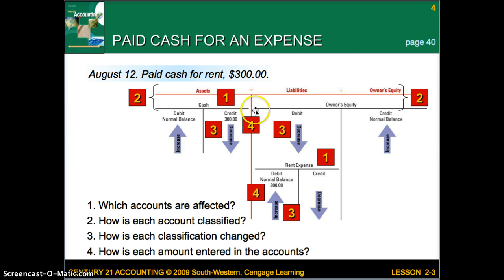So this rent expense needs to go under the debit side of owner's equity. If I have an expense, yes, the amount of expense goes up, but as a whole, my worth is going down. If you can just remember that an expense always has a debit balance, you will understand this. A rent expense always has a debit balance.